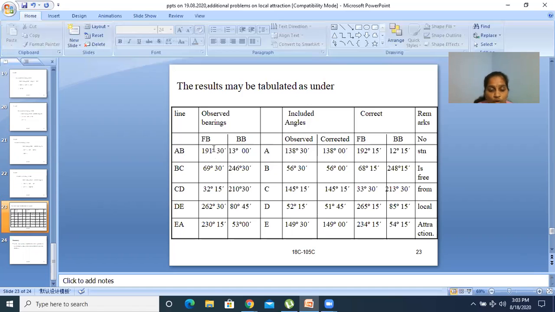So these are the forebearing and back bearing of the AB, BC, CD, DE and EA lines which is observed in the field.